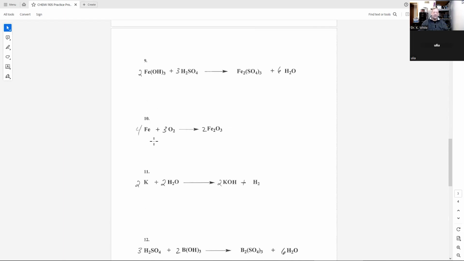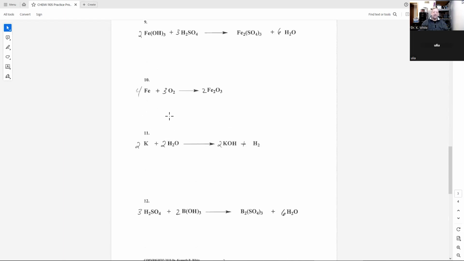Now, let's look at number 10. This is what I call an even-odd chemical equation. What do I mean by that? Forget about the coefficient initially. 2 oxygen, this side 3. There's no whole number I can multiply 3 by to get 2, and no whole number I can multiply 2 by to get 3.